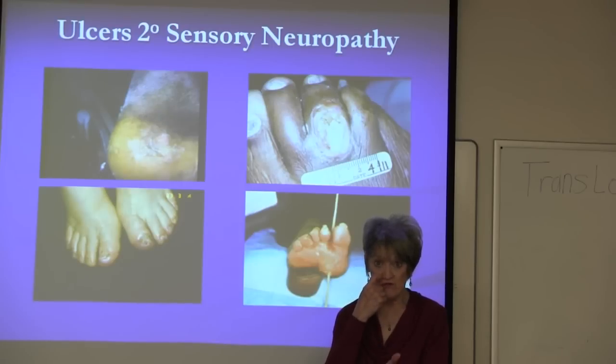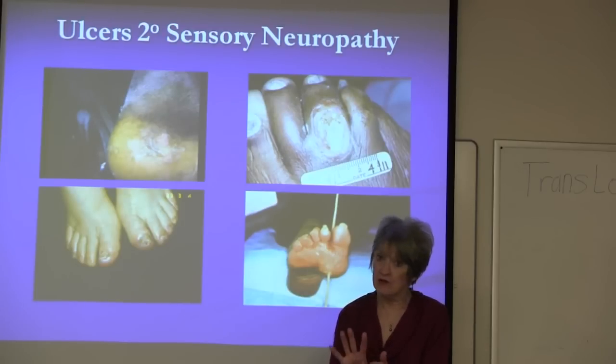So it's very important for us to make sure that patients who have any sensory neuropathy are being professionally fitted for their shoes. The only patient with diabetes who can safely buy their shoes off the rack are patients who have no neuropathy. They have intact vibratory sense. They respond to 5.07. They know where their toes are.